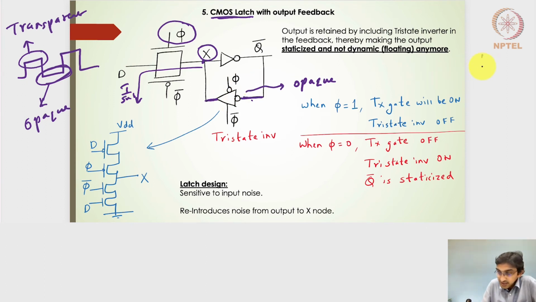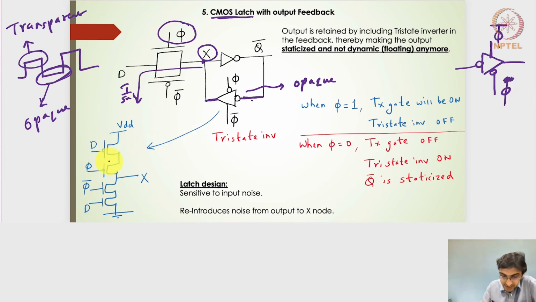If you notice the tri-state inverter, we had the input like this and the output like this, with the NMOS getting φ and the PMOS getting φ bar. But for our design of the CMOS latch, especially to staticize it and avoid the dynamic, floating node voltage at the X node, we provide the clock signal on the NMOS side as φ bar, and on the PMOS side the complement of φ bar, which is nothing but φ.